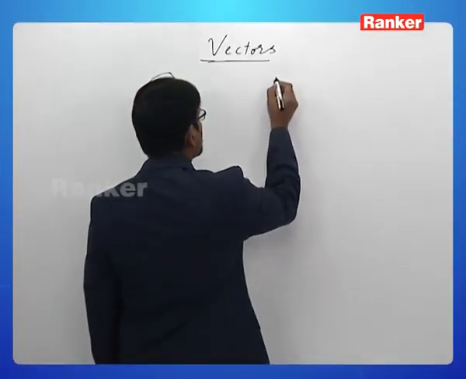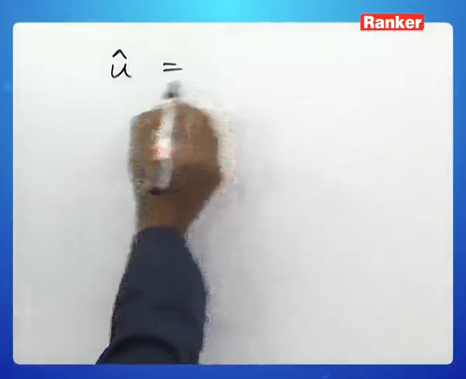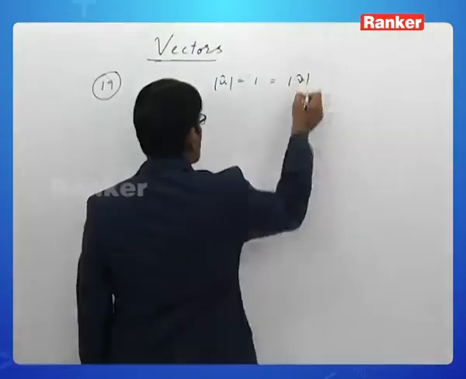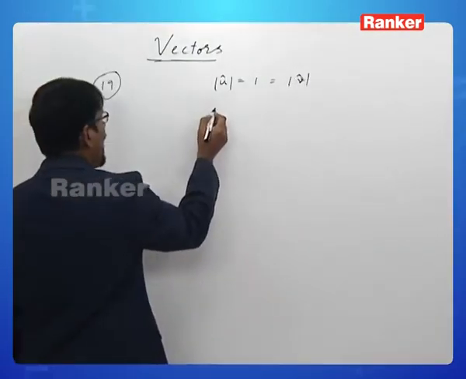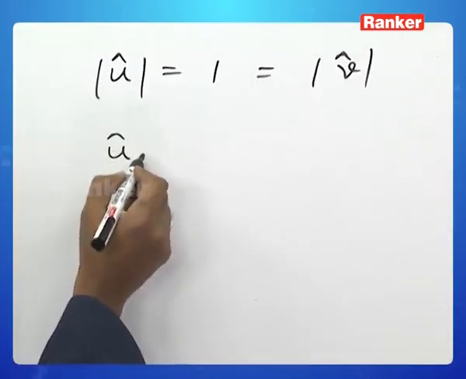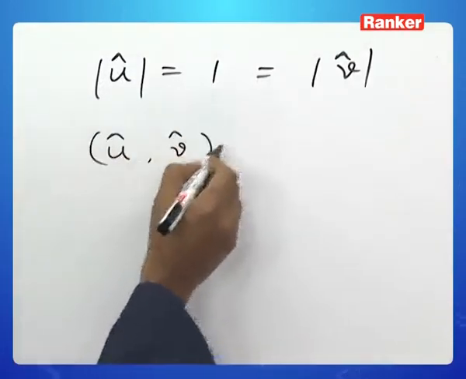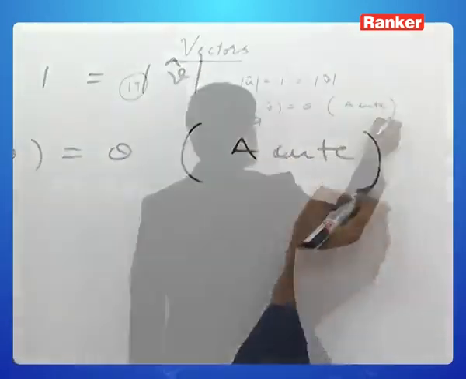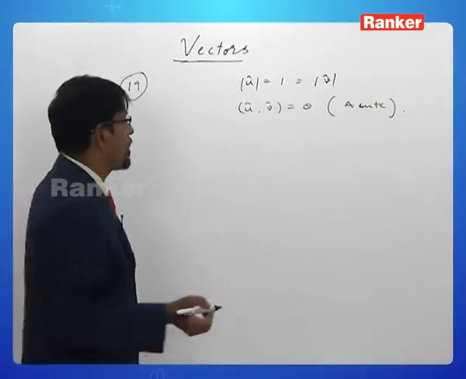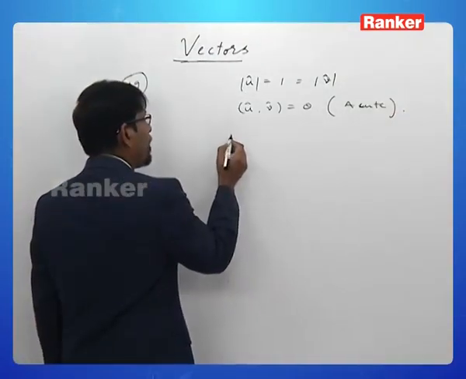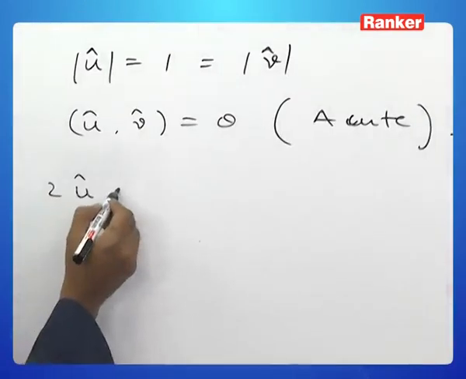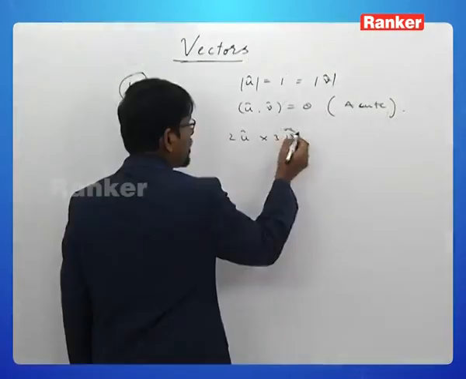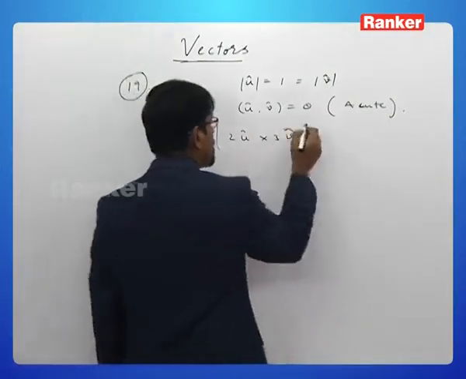We are given that the magnitude of u cap is 1, and of course the magnitude of v cap is 1 because they are unit vectors, and the angle between u cap and v cap is theta. This is also given to be acute, so between 0 and 90. Now you are also given that 2u cap cross 3v cap is a unit vector.